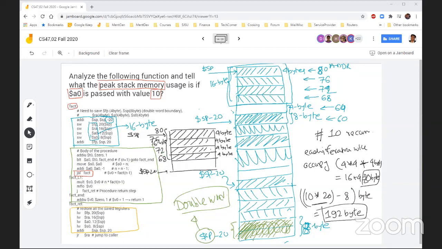And SP minus 80 is basically this is 60, value 60, right? So this is basically another 8 byte consumed. So I think what you are mixing up is this 20. We're trying to do this 20 minus this 16, which is then extra 4 byte.